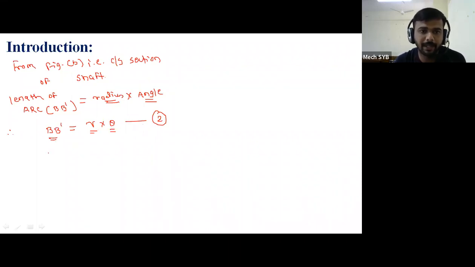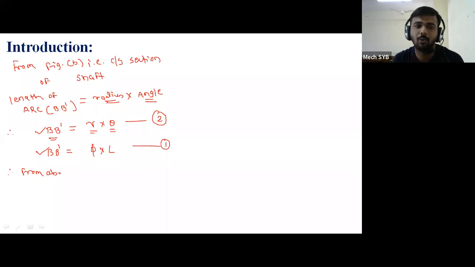And now if you compare BB dash is equal to phi into L. If you compare equation number 1 and equation number 2, their left hand sides are equal. Left hand sides are equal means here also BB dash is present, here also BB dash is present. Therefore, by comparing both equations, that is from above equation 1 and 2 as LHS is equal to RHS.